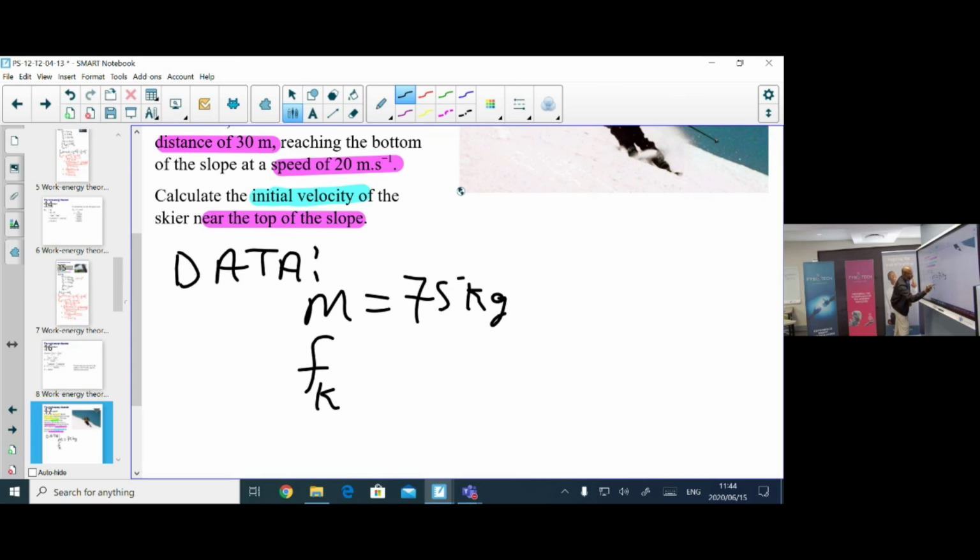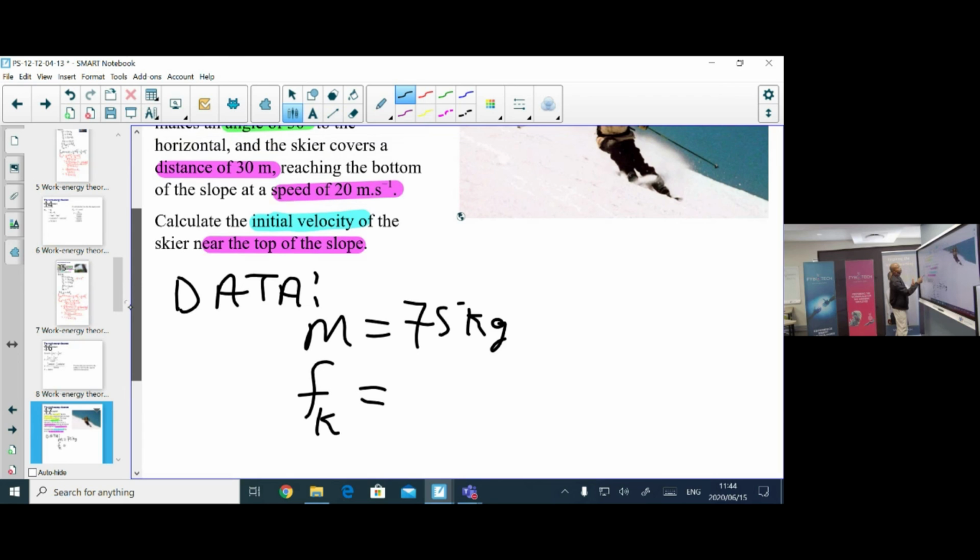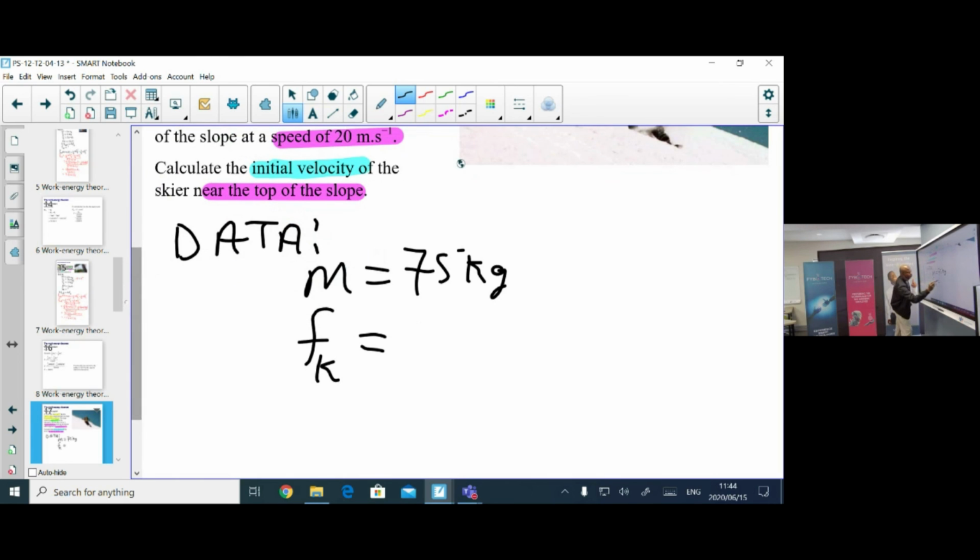That is kinetic, which is equal to 50 Newton. This is very, very much important. You must know, is this kinetic or static? But all the time, because the object is in motion, you must know that that is kinetic friction. It's always opposing the motion.